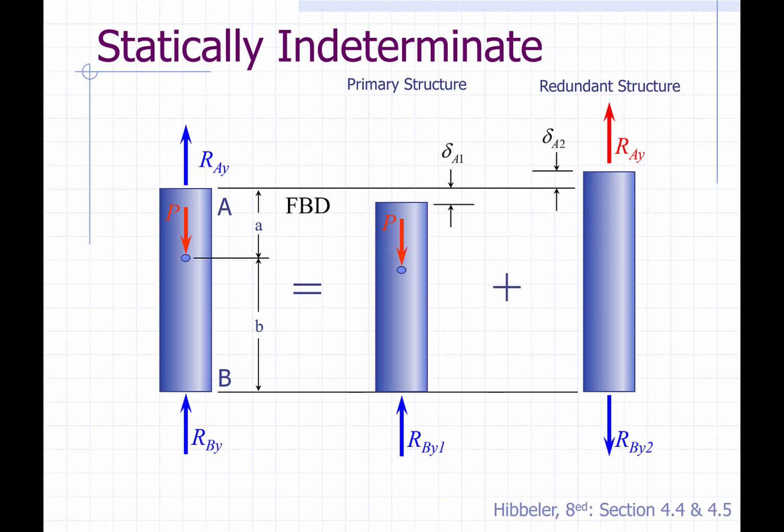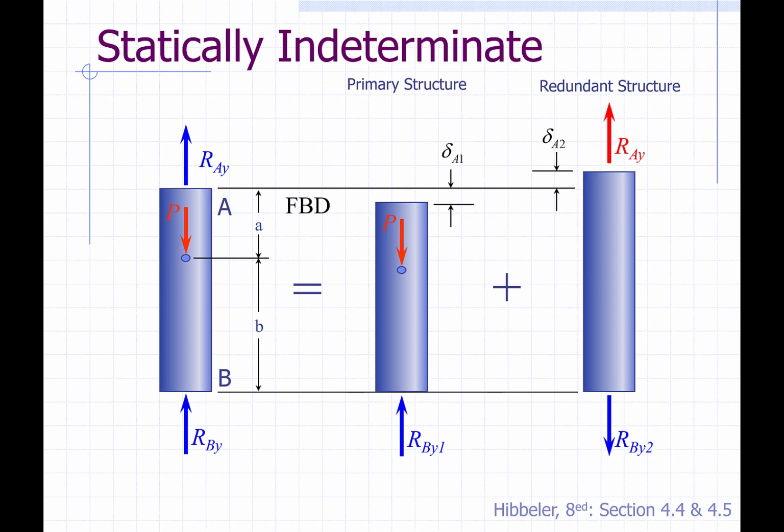What becomes really important to remember and to check every time is that this is the theory of superposition, which is to say that the redundant structure plus the primary structure has to equal the original system. So if we look across the top, we have RAY in the redundant structure, no reaction in the primary structure, and that equals RAY in the original structure.